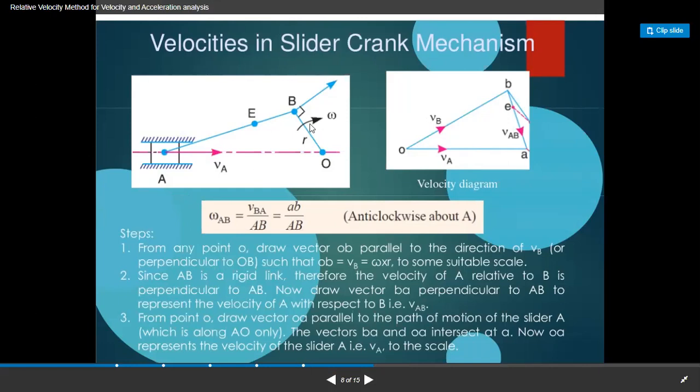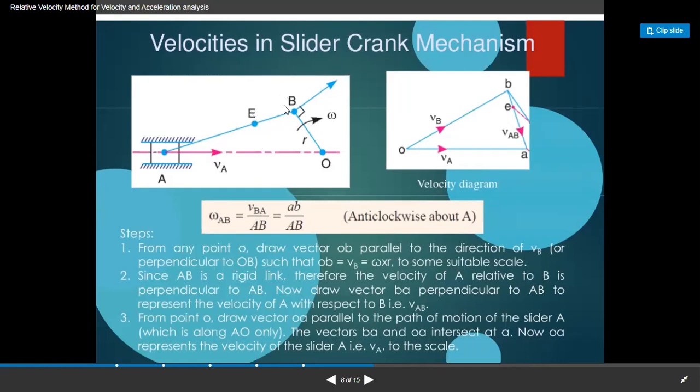For that, the step is, you have to find the angular motion of link AB, whether it's in the clockwise direction or the anti-clockwise direction. If we move the link OB in the clockwise direction, then the angular motion of the link AB is also in the clockwise direction.